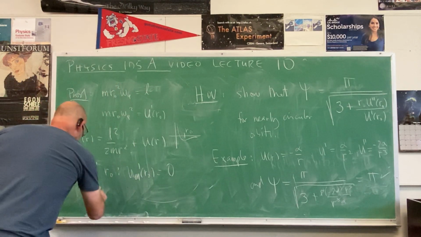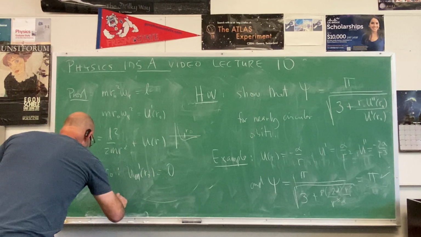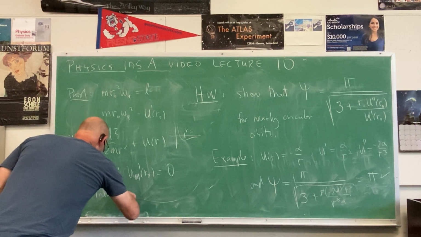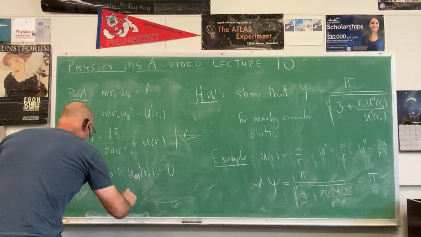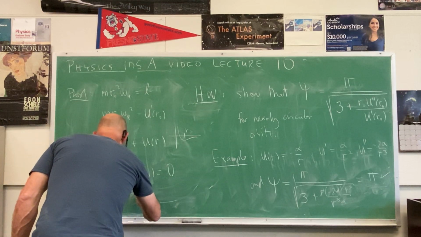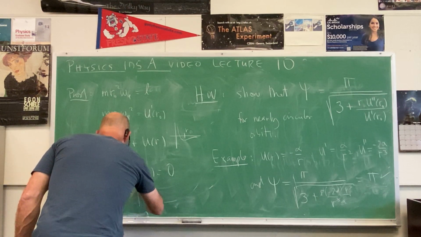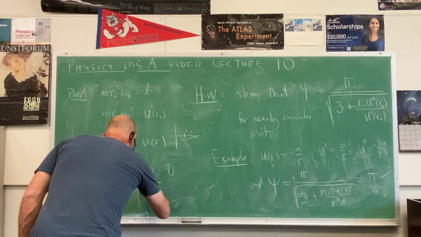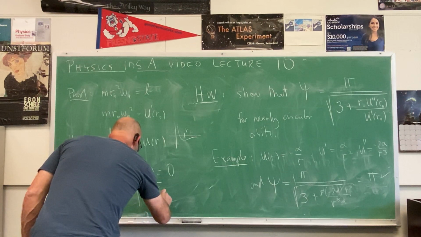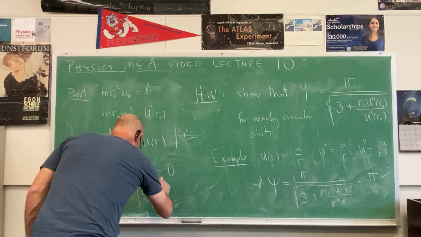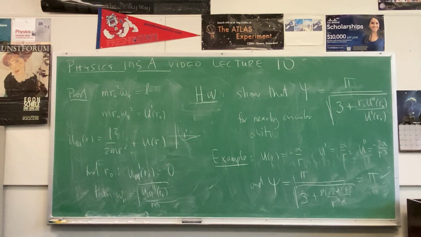And then you find your omega sub r equals root u effective double prime r0 divided by m. You barely read that, but you heard me say it. Okay?